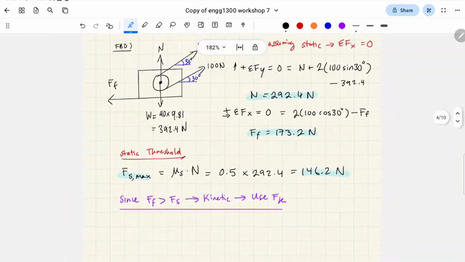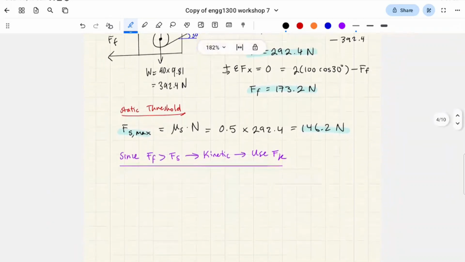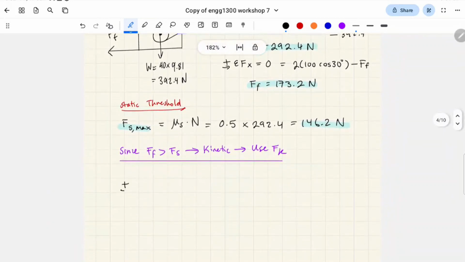So basically this means the box is moving. It's able to overcome the static friction, and now we just calculate the acceleration of the box with respect to this constant kinetic friction that it's experiencing as well. F is ma, in the horizontal direction.